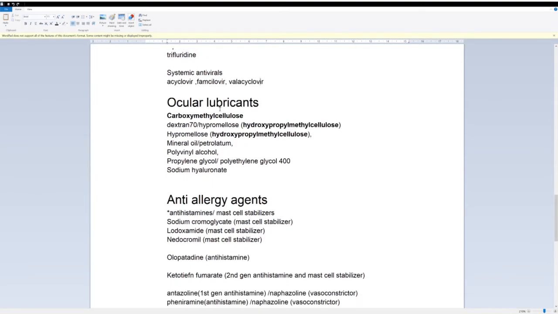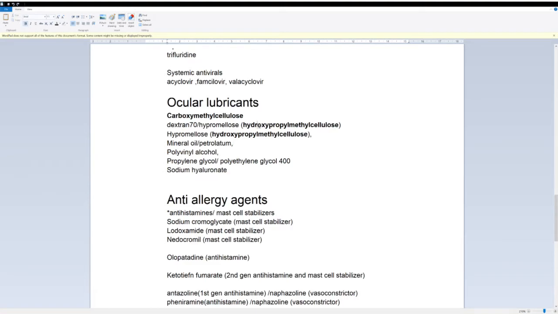And then ocular lubricant should always be used, no matter what. I think it should help. Doesn't matter what the cause is. So carboxymethylcellulose is one of the examples. I don't think you should memorize all these names by heart, but it's good to be able to recognize them. It's only to that extent.